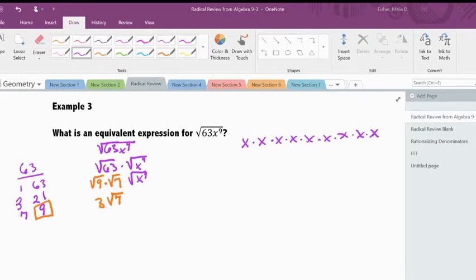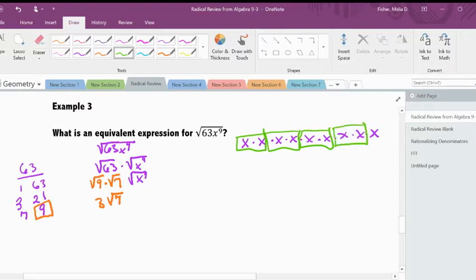And so when we talk about x times x, that being x squared, I have pairs of x's. 1, 2, 3, 4, and then this lonely one over here is going to have to stay under the radical.